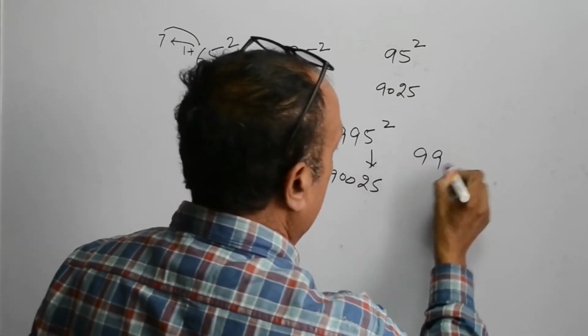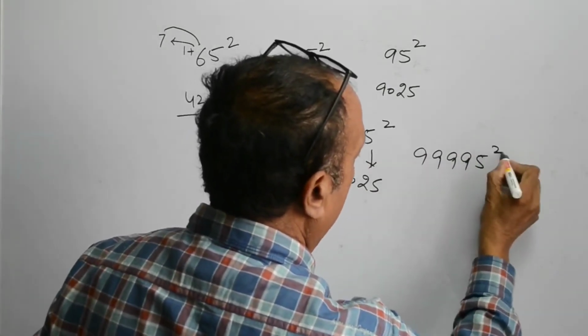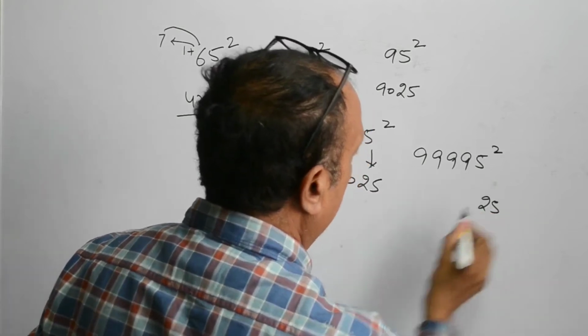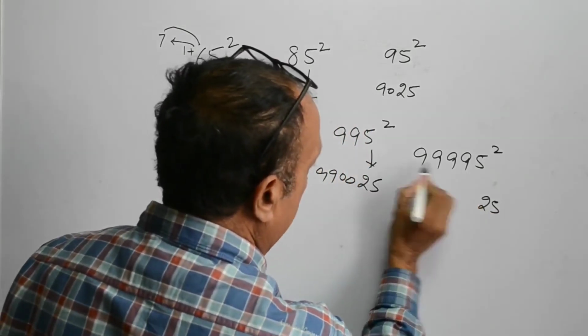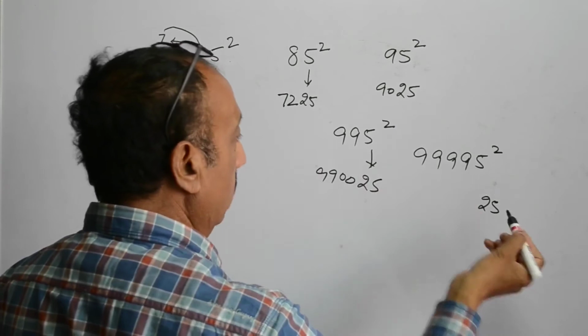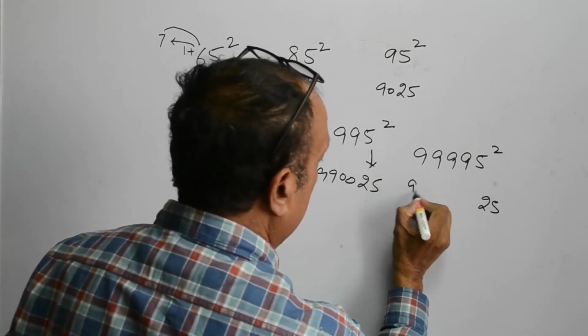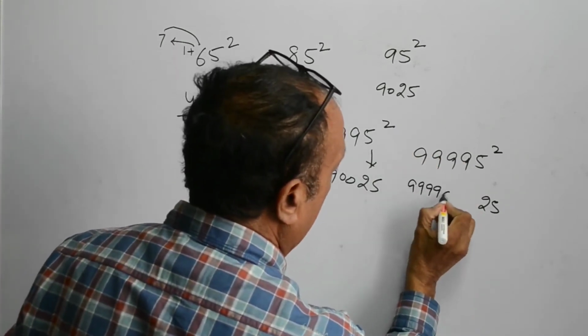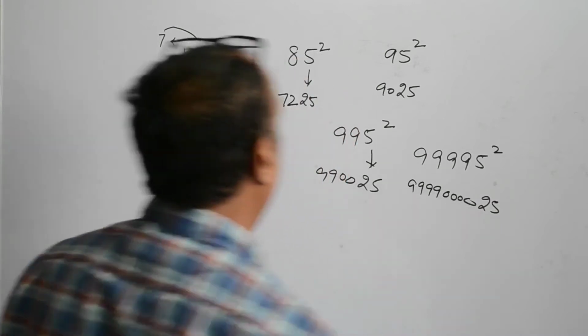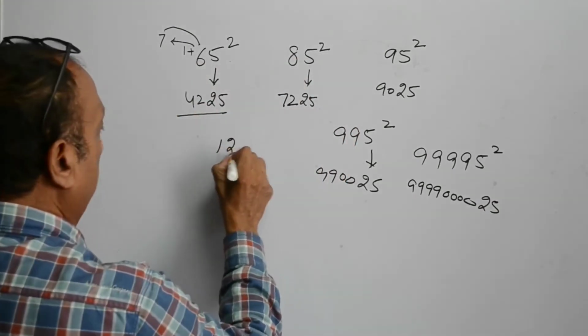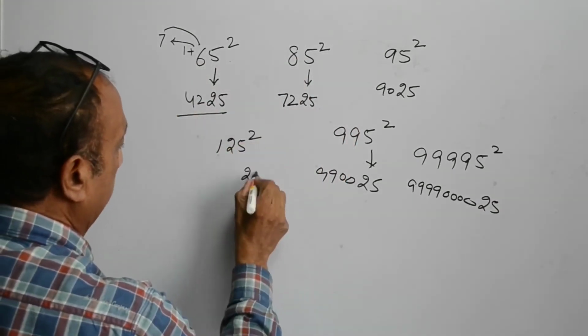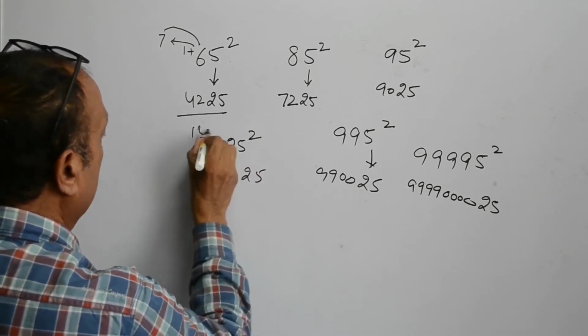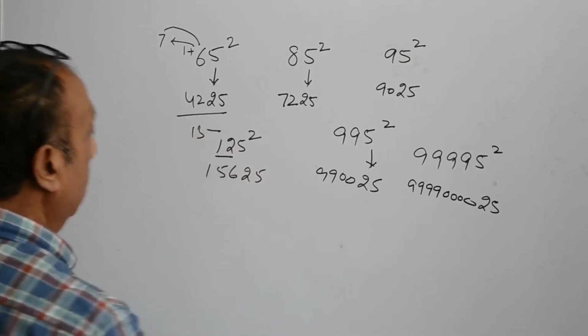So the square of this number will be 25, 9999 multiplied by 10,000, plus 1. So it is 4 times 9 and 4 times 0. The square of 125 will be 25, 12 multiplied by 13, so 156.